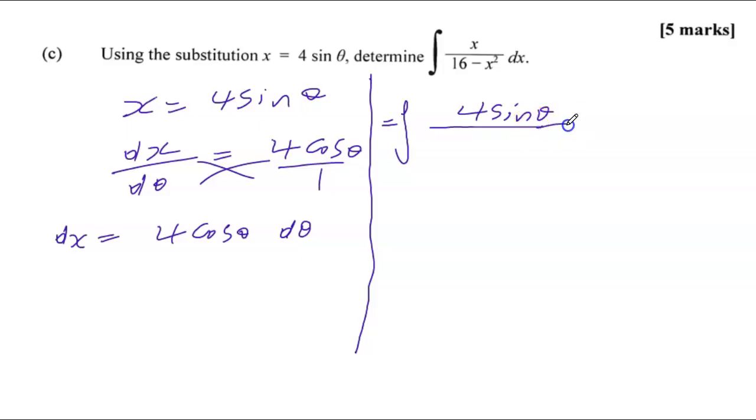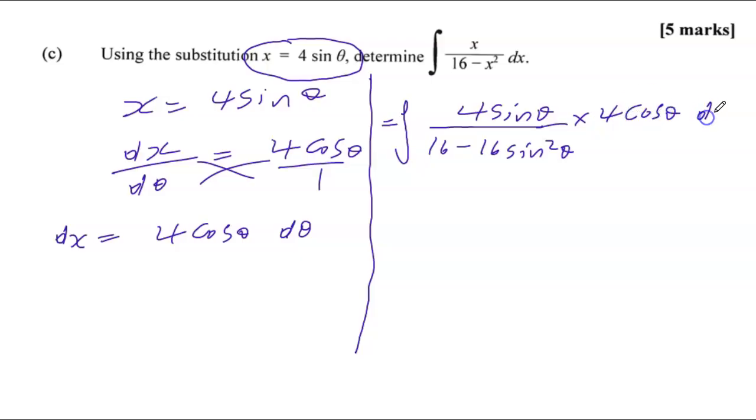In the denominator, it's 16 minus x squared, and x squared, if you square both sides, would be 16 sine squared theta. And dx is 4 cos theta d theta.